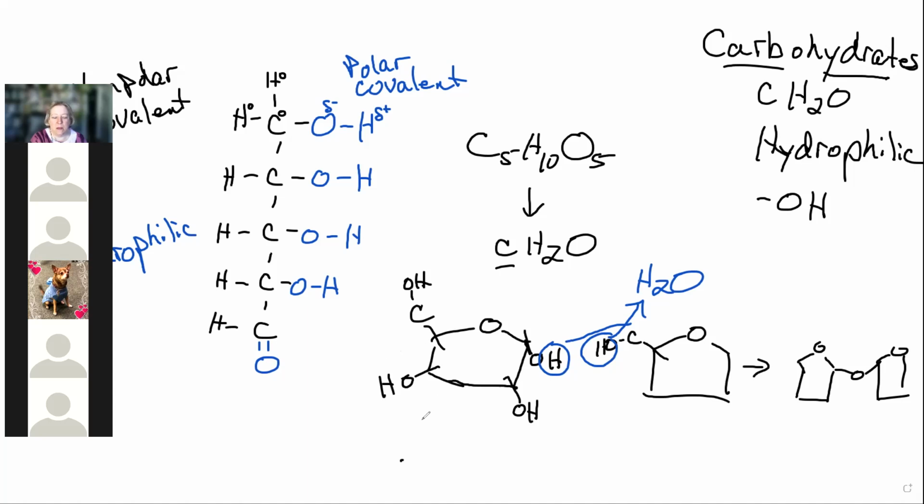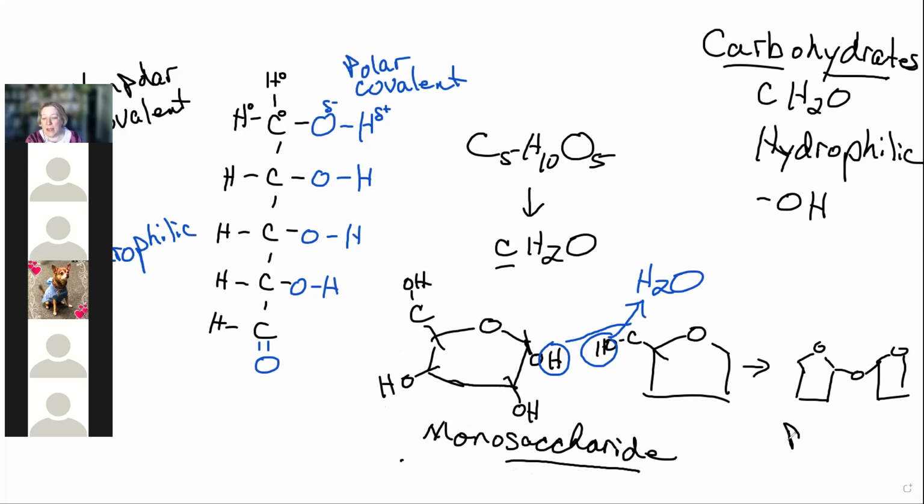Each of these would be called a mono. Whoops. Let's try this again. A monosaccharide. Okay, so you're probably familiar with saccharide. Okay, that's another word for sugar. Mono for one.